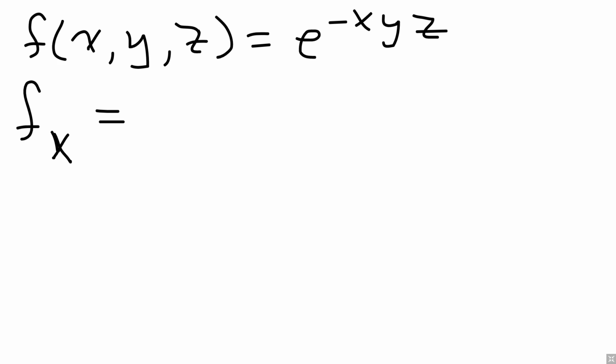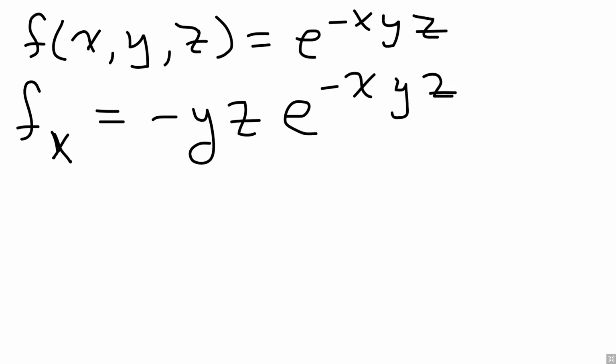Negative yz times e to the power negative xyz. You have to understand that as far as it's concerned, this is just one big term. When you're taking the partial with respect to x, y and z are constant, so the derivative of negative x is just negative 1, and you still have to tack these along. Any questions?